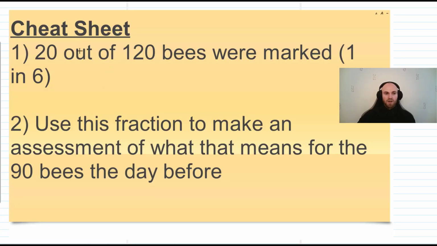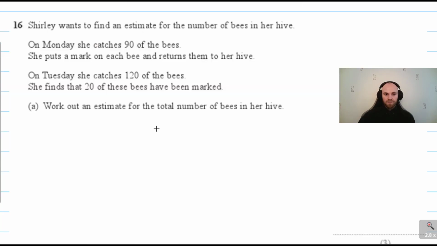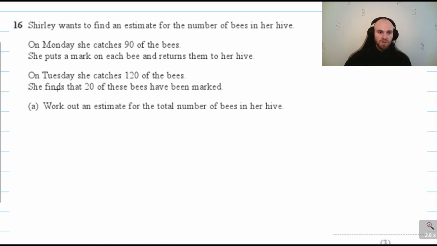If we look at the cheat sheet, we know that 20 out of 120 bees were marked on Tuesday, and this is the equivalent of 1 in 6. So 1 in 6 bees were marked on Tuesday after marking them on Monday. We're going to use this fraction to make an assessment of what that means for the 90 bees the day before.